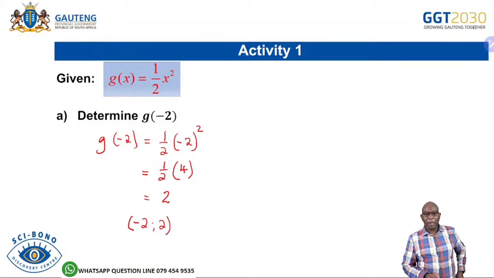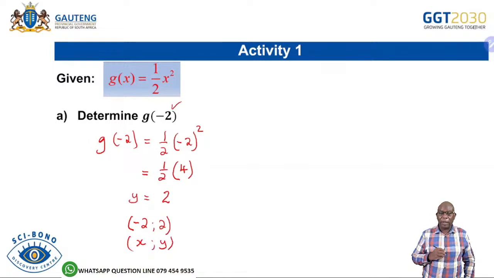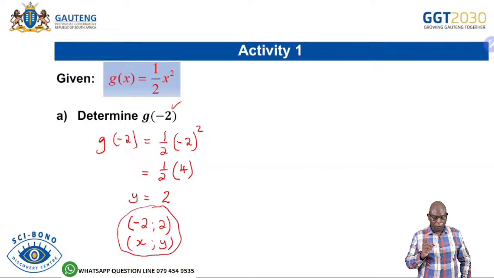My x value is -2, and my y value is the one that I've got here, which is 2. So my coordinate is given as -2 and 2. But this is not what was asked. We are only requested to find the value of g of -2, and that answer was 2.